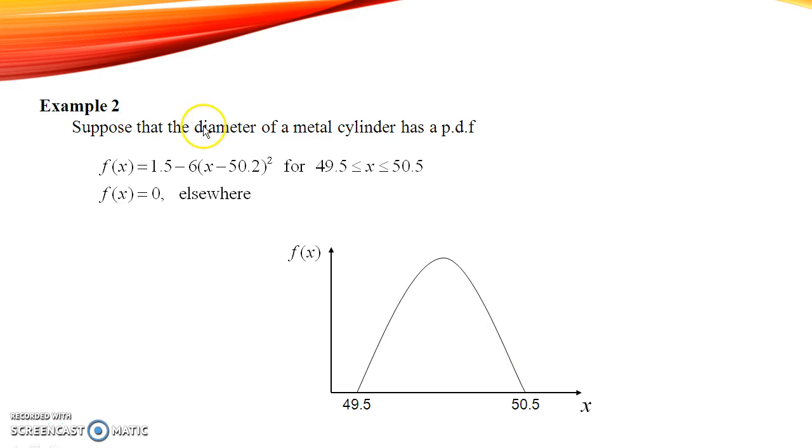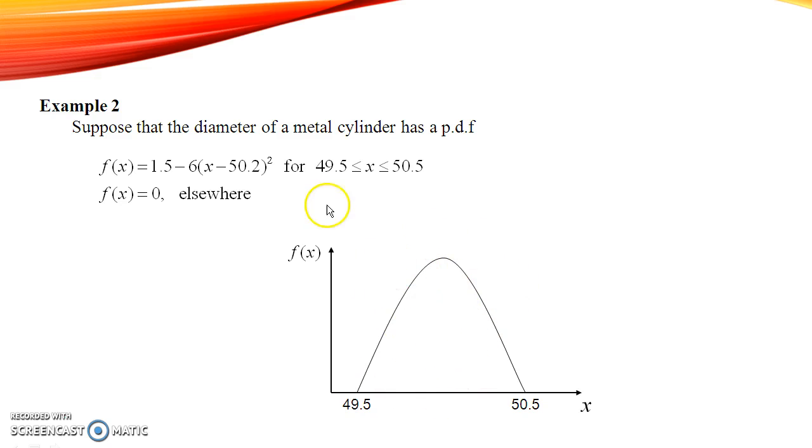Example of a continuous random variable: suppose that the diameter of a metal cylinder has a PDF f of x equal to 1.5 minus 6 times (x minus 50.2) squared, when x is in between 49.5 and 50.5. Here x is given in a range, so this is called a continuous random variable.